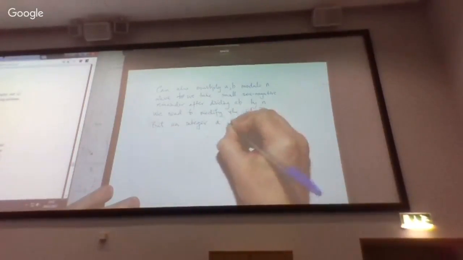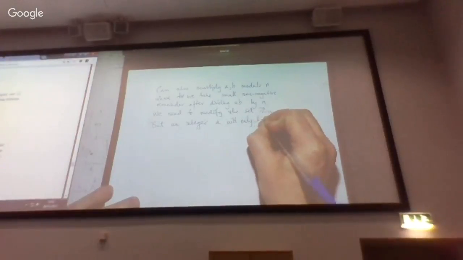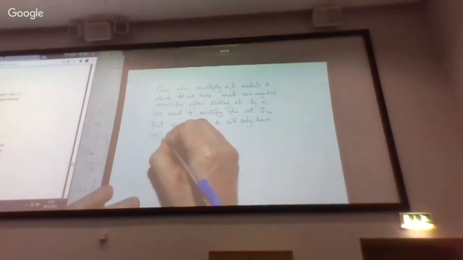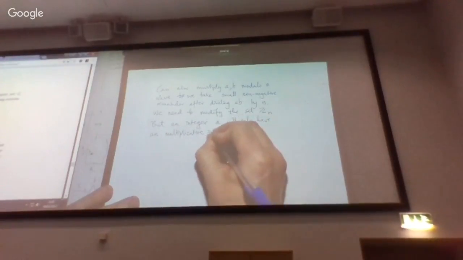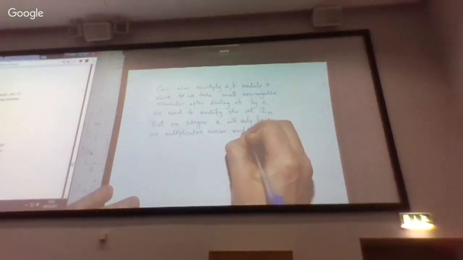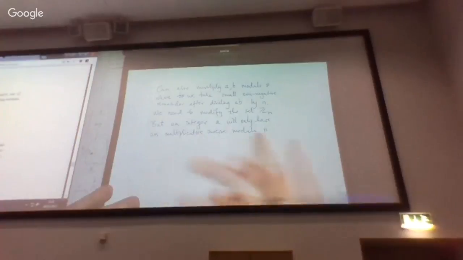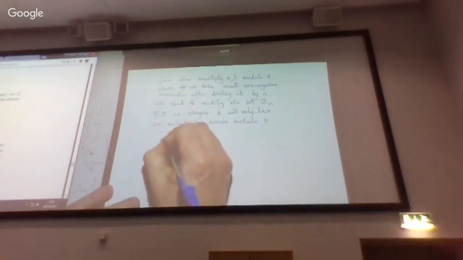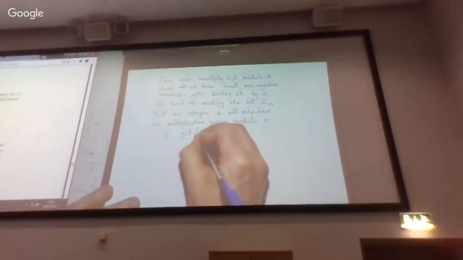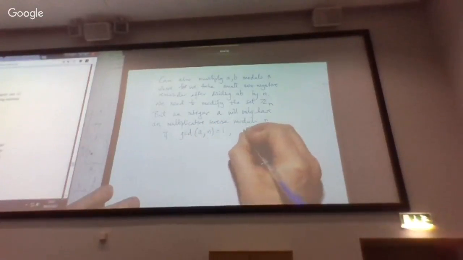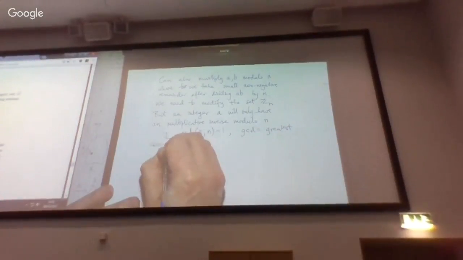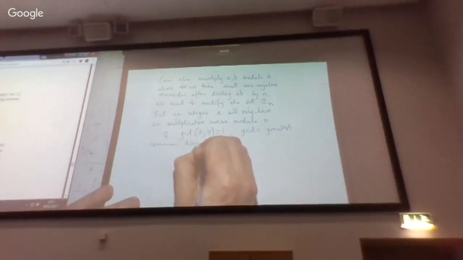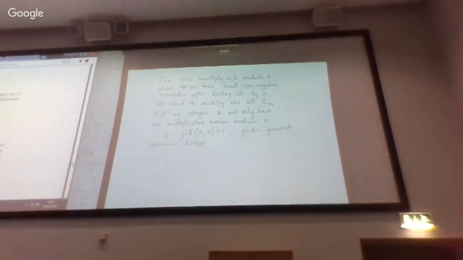So an integer a will only have a multiplicative inverse, meaning an inverse with respect to this operation of multiplication modulo n, if the GCD of a and n is equal to 1, where GCD equals the greatest common divisor, the greatest common integer divisor between the two numbers.